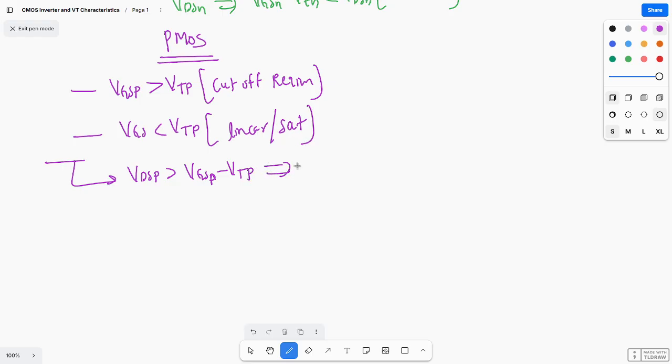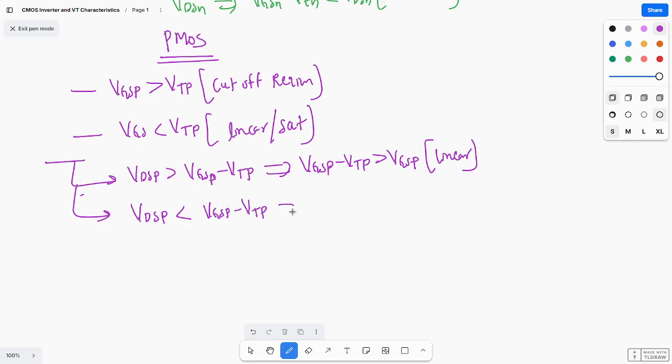So this you can write as VGSP minus VTP is greater than VDSP. This is the linear region. And next, the saturation region, when VDSP is less than VGSP minus VTP. So this I can write as what? VGSP minus VTP is less than VDSP.